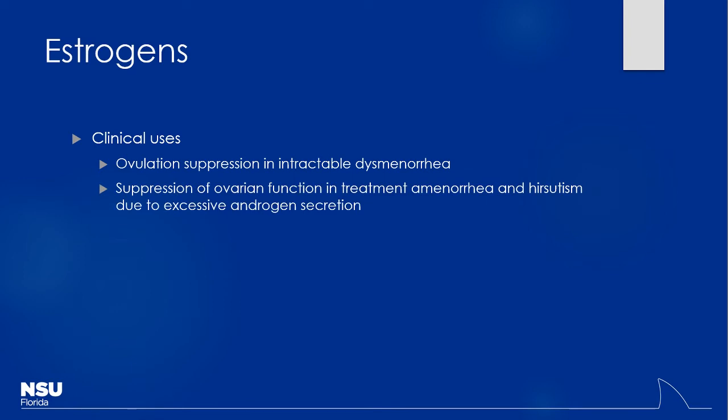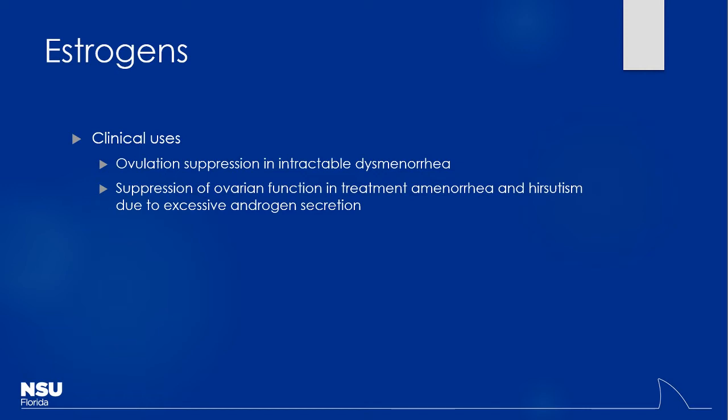In some cases, we may use estrogens as a form of ovulation suppression. Why do you think that would be useful? So patient dysmenorrhea. But think about it, what does estrogen do to that HPA axis? Well, if you recall, the hypothalamus is releasing what? GnRH, gonadotropin releasing hormone, right?